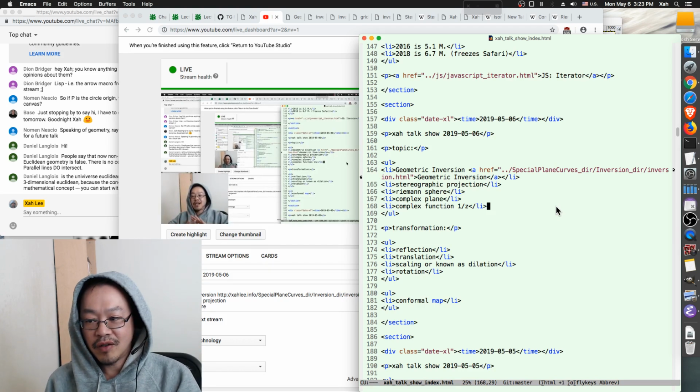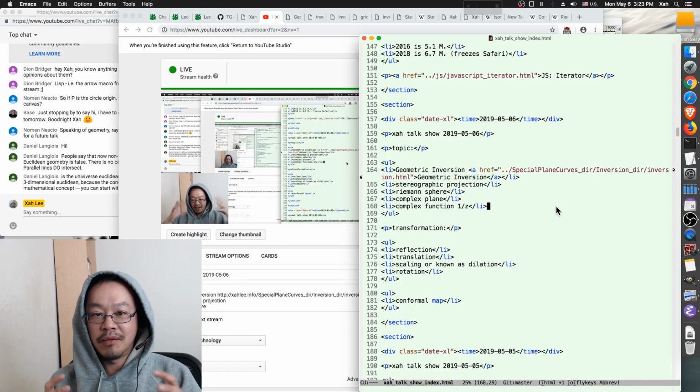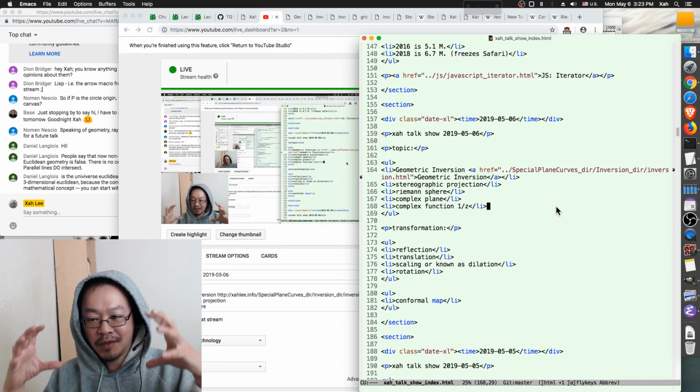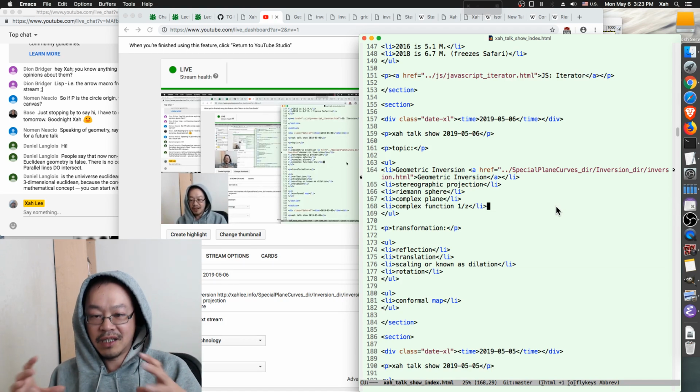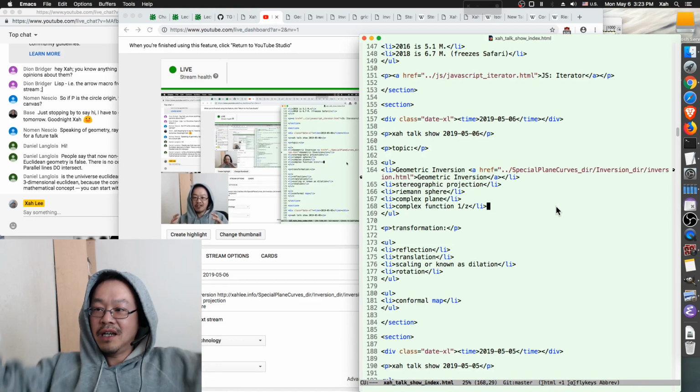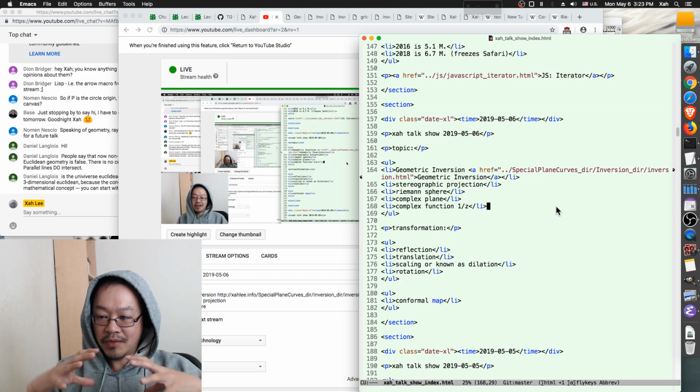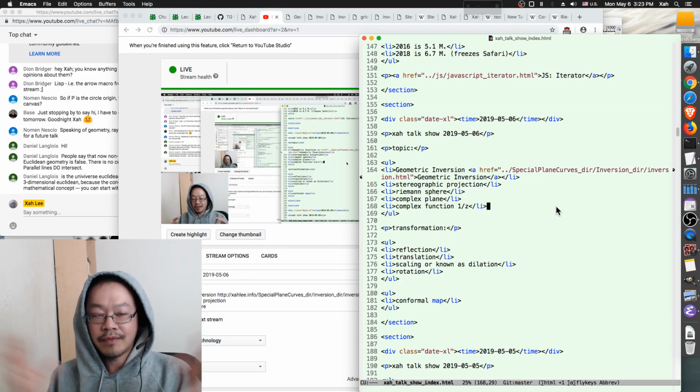We have also covered geometric inversion in three-dimensional space, just like the two-dimensional example. Instead of a circle, we have a sphere. Anything outside of the sphere comes inside, and inside comes outside.